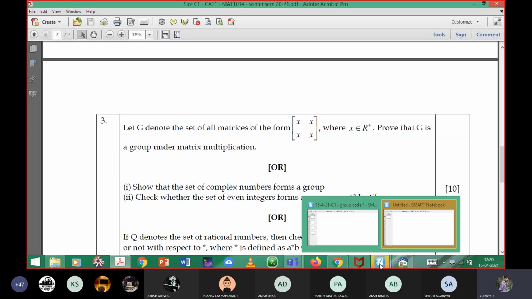See here, for example, we can consider the same problem. Usually, AE equal to EA equal to A, that is the identity element. Here A and E belong to the matrix G, which represents x x x x.